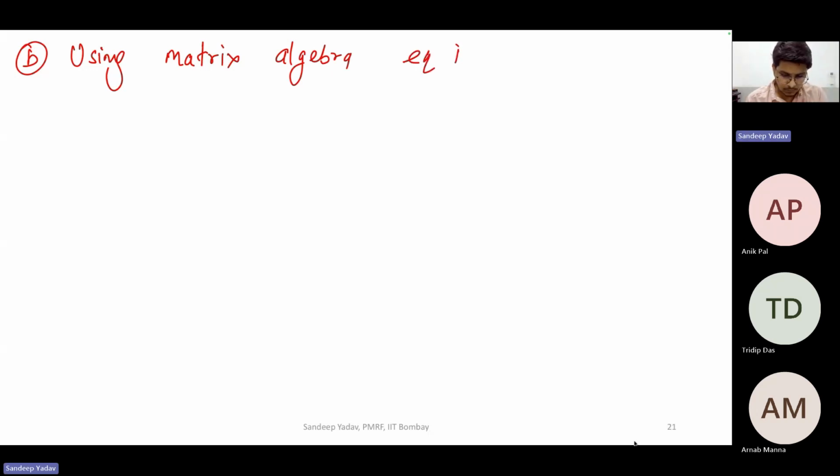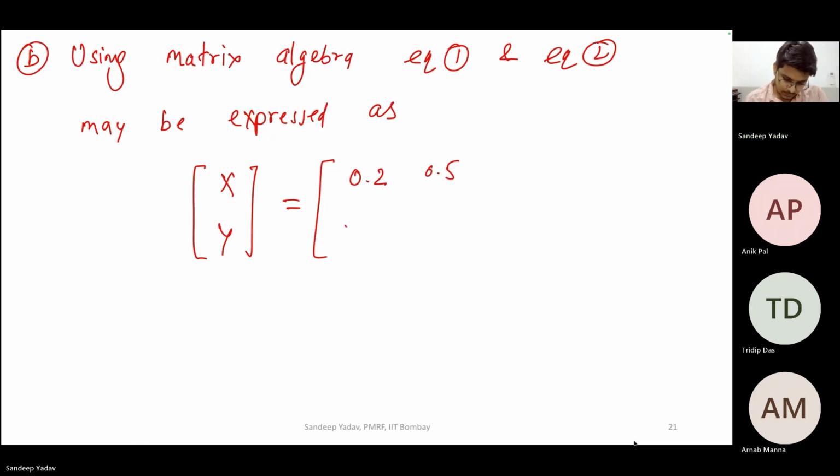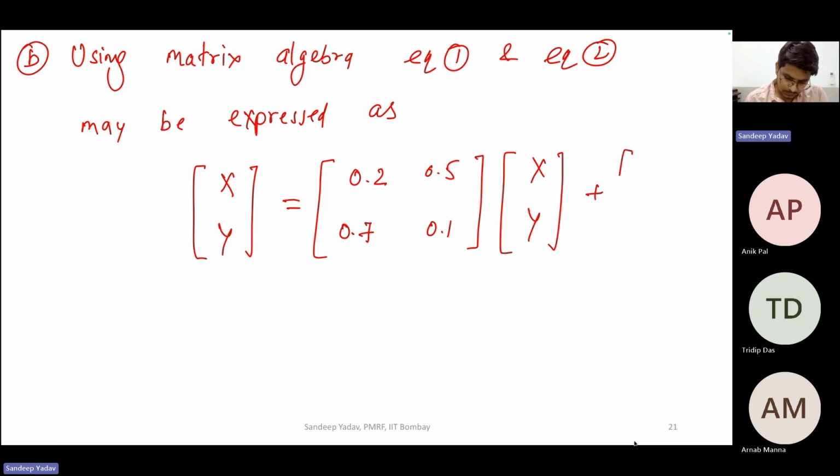From equation 1 and equation 2, this may be expressed as x y is equal to 0.2, 0.5, 0.7 plus.